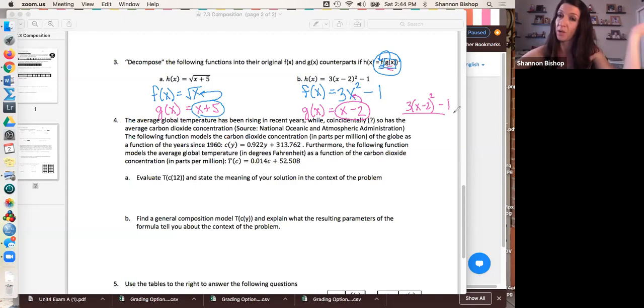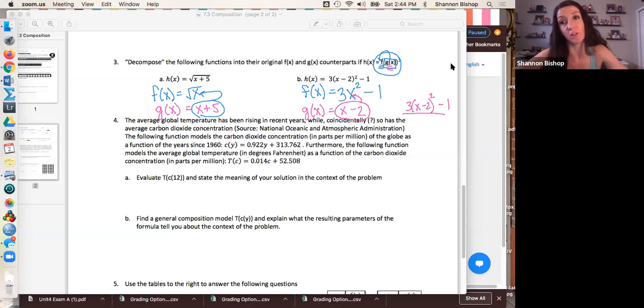Yes, it is. So you really just kind of have to think about, in compositions, x is what gets replaced. The 3 does not get replaced. The 1 does not get replaced. The 2 or the squares, they don't get replaced. The variable gets replaced.